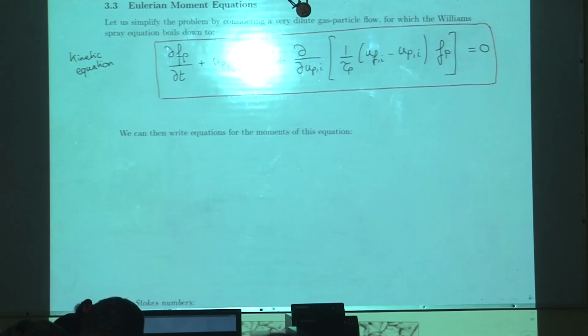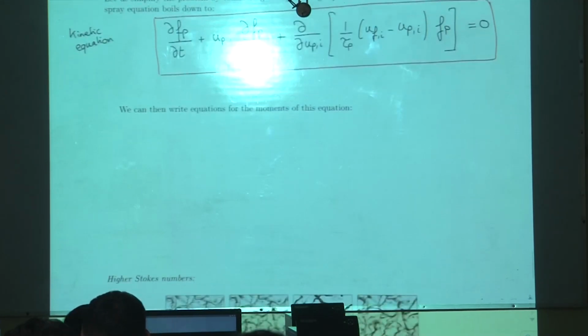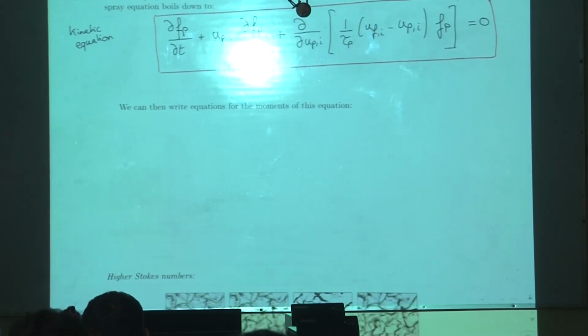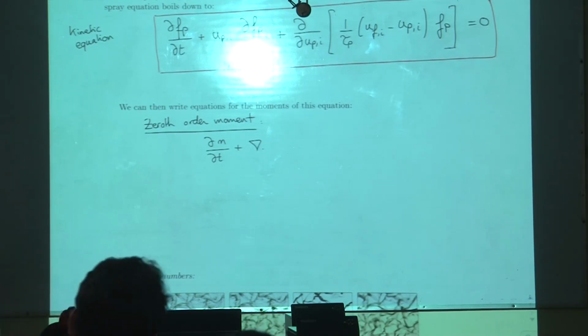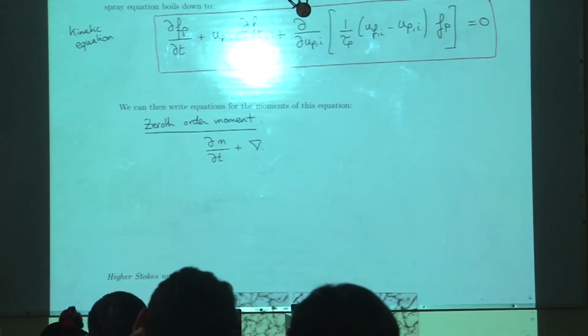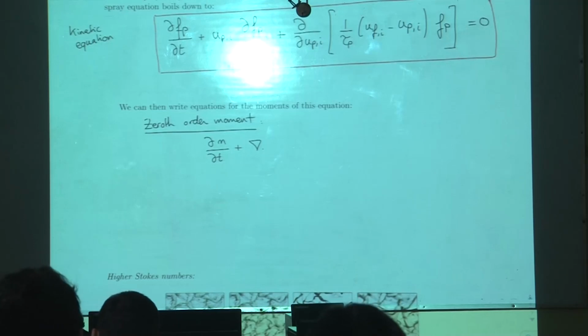Now, I can extract moments of this equation in the same way that we extracted moments from the NDF. We can extract moments from the equation verified by the NDF. So the 0th order moment equation will be dn/dt. This is just integrating all this over all possible velocities, so over all possible x, y, and z velocity for the particle.